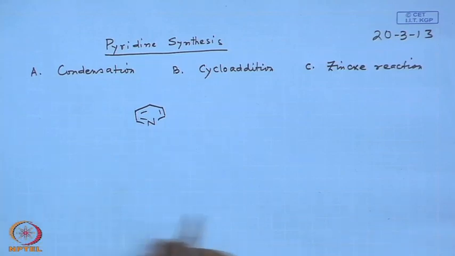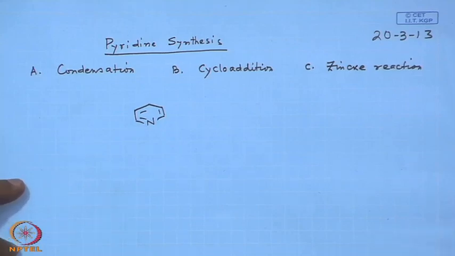Now, look at the pyridine retrosynthesis. Like before, you break open this molecule by hydrolytic cleavage. When I say so, of course, you have to target the heteroatom, in this case nitrogen.